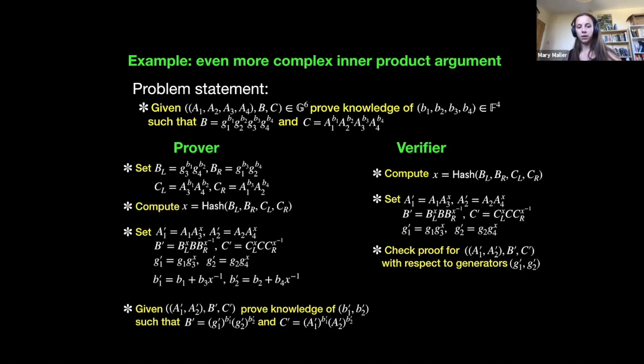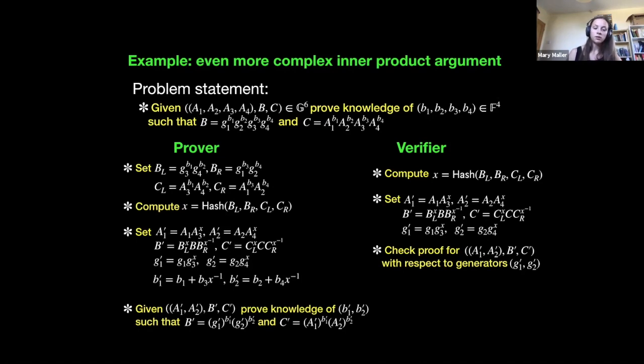Now for the BR, we're going to do the same idea, but opposite. We're going to take our first 2 generators, G1, G2, and take them to the power of our last 2 exponents, B3 and B4. CL is going to be similar, but with the A terms, our last 2 A components, A3, A4, and our first 2 exponents, B1 and B2.